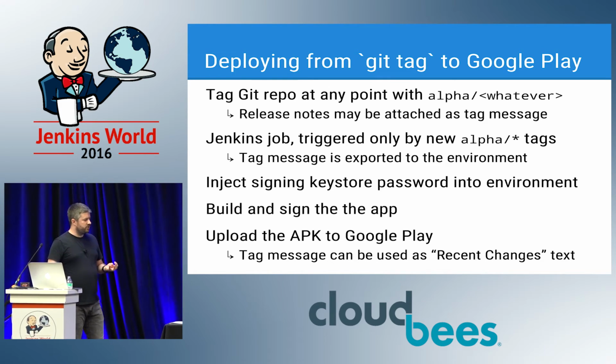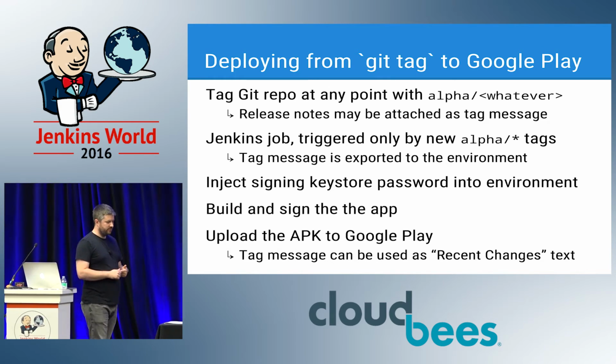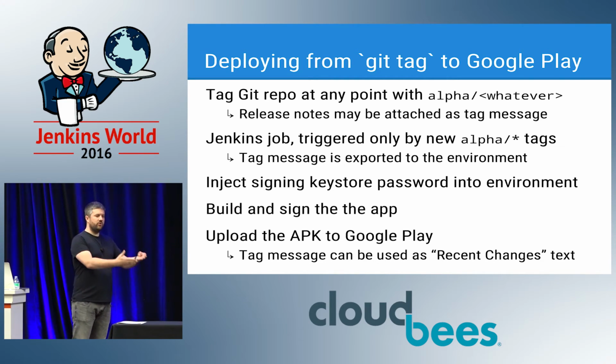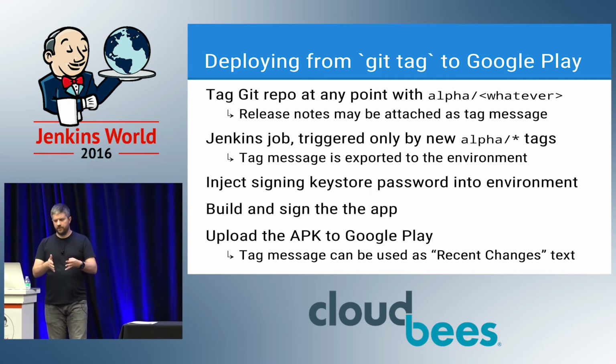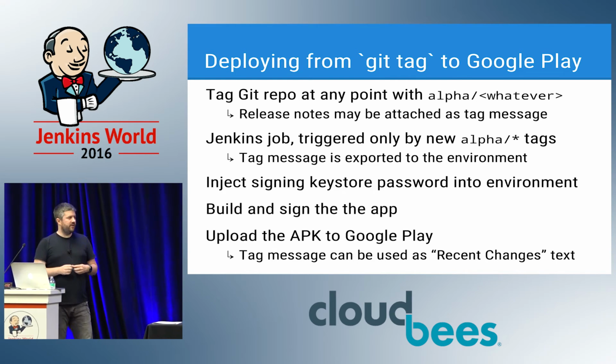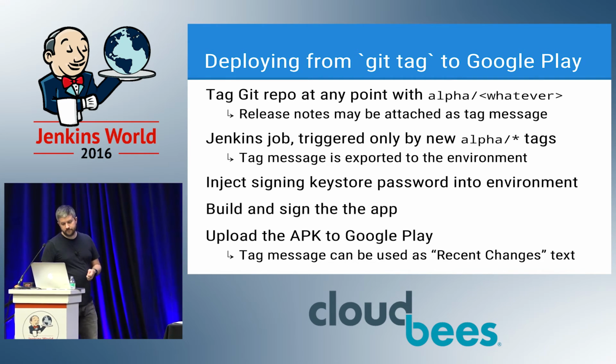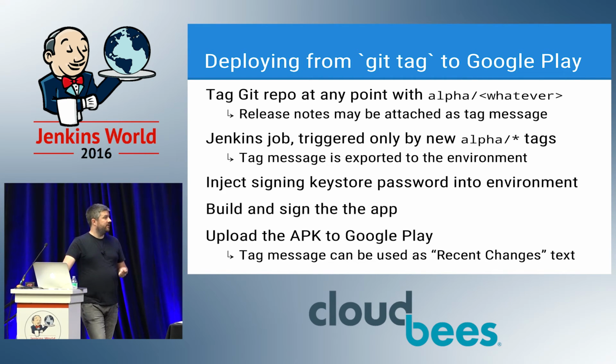Then I have a Jenkins job, which is triggered by a webhook. Normally, I have Jenkins jobs that are triggered whenever there's a new pull request or when I push to master or to develop. But in this case, I have another Jenkins job that's only triggered when it sees a new alpha tag. When this build runs, it uses the git tag message plugin to export that tag message into the environment so it's available.